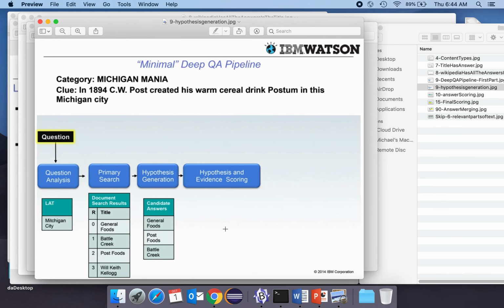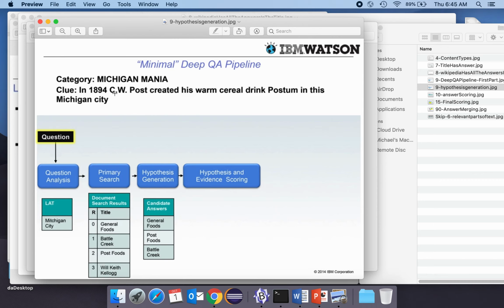So notice that even though these do not necessarily satisfy the lexical answer type, there's some hypothesis generation. So they sort of take some of this information and whittle it down, so to speak, to some hypotheses. And as I mentioned before, now comes the second stage where they take some of these things and put them into this clue and then look for this thing.